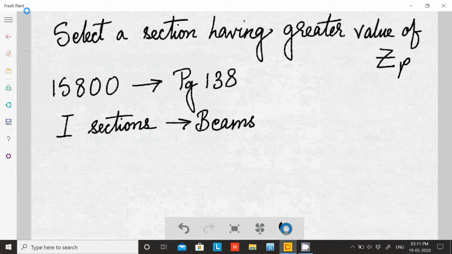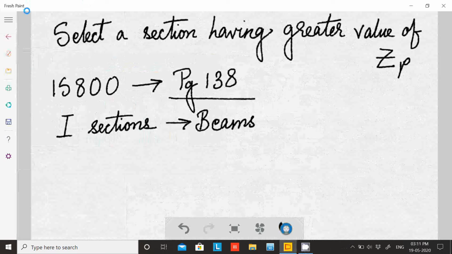So let us try an I section whose ZP is greater than the ZP required, which is 825 into 10 cube mm cube.